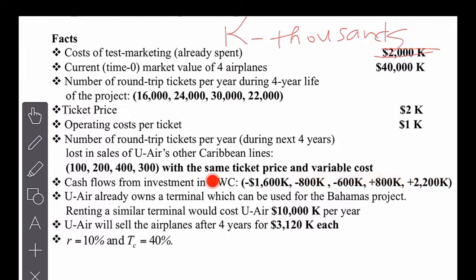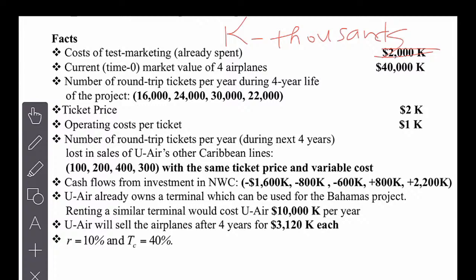This is net working capital investment. I've summarized the numbers here and I'll show you how to do that. This is a mention of the opportunity cost of the terminal, a lost $10 million every year. And the salvage. We're going to sell all the planes, for each plane $3 million.